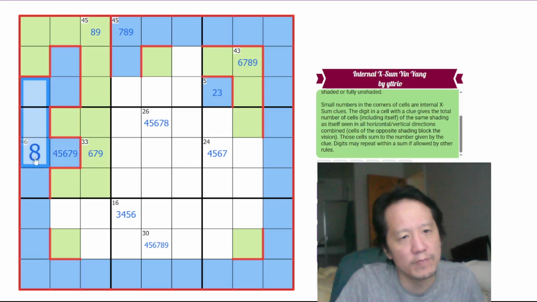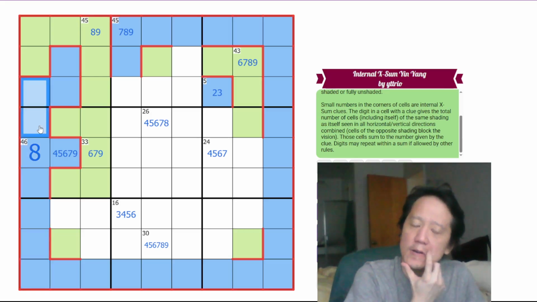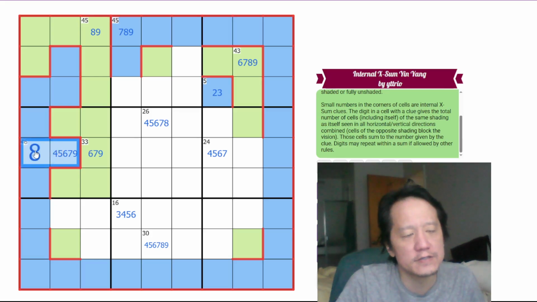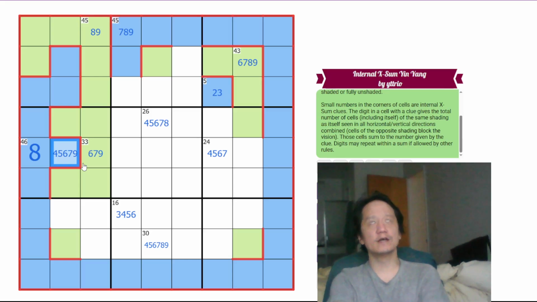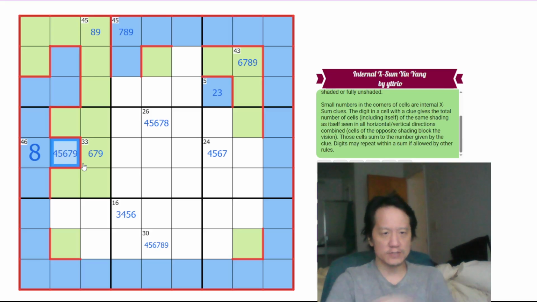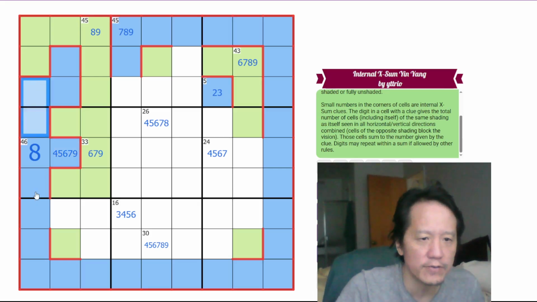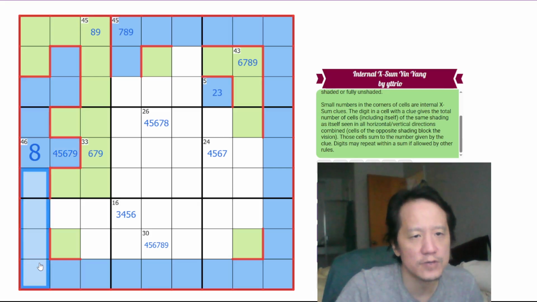What values have to be on this one? If we have 9 and 8. Oh, so if you subtract 9 from this, 9 from 46 is 37. That means the digit 9 has to be in one of these cells, right?